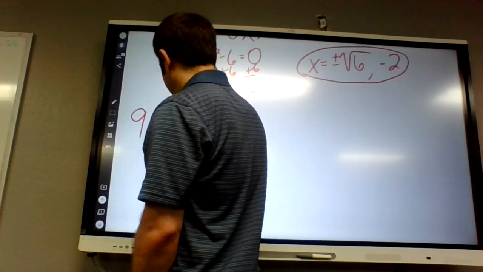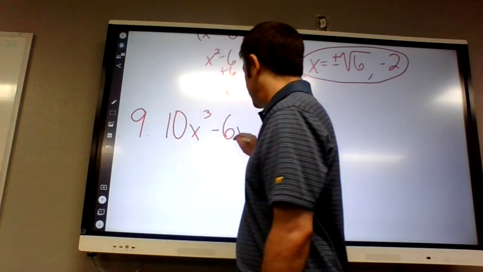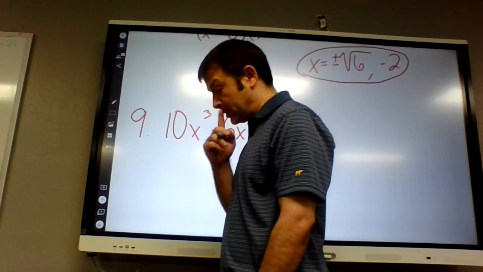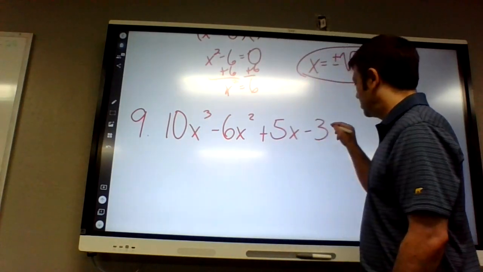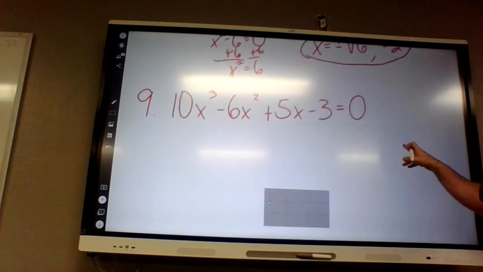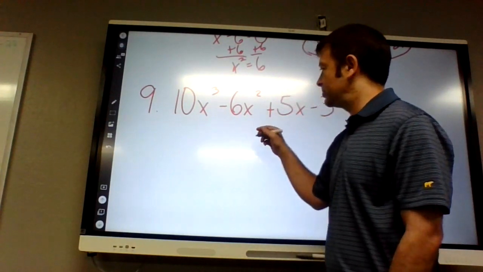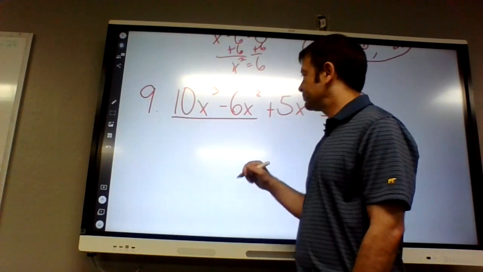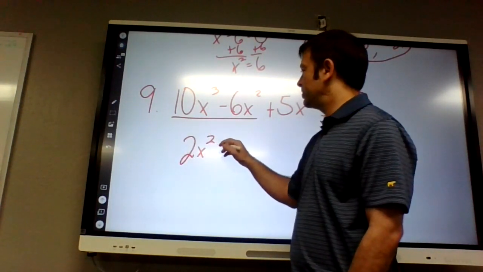Subtract everything to the left. 10x cubed. Minus 6x squared needs to go next, put it in order, and then plus 5x and minus 3. Not only subtracted it to the left, I put it in order. Descending powers. Alright, so it's 4 terms, so it's grouping again. What goes into the first 2 terms? 2x squared.